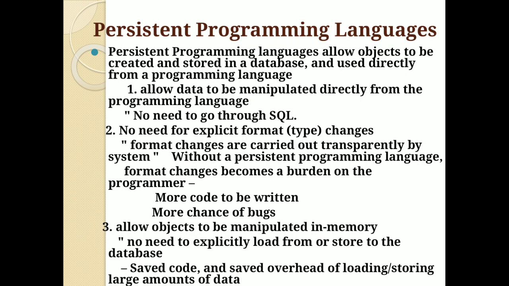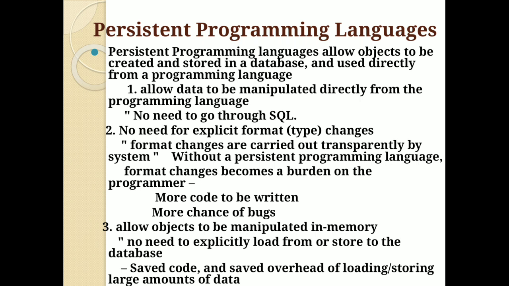Now, the most important topic of object-oriented database system, persistent programming language. Now, what is a persistent programming language? This language allows objects to be created and stored in a database and used directly from a programming language. It allows data to be manipulated directly from the programming language. No need to go through SQL.